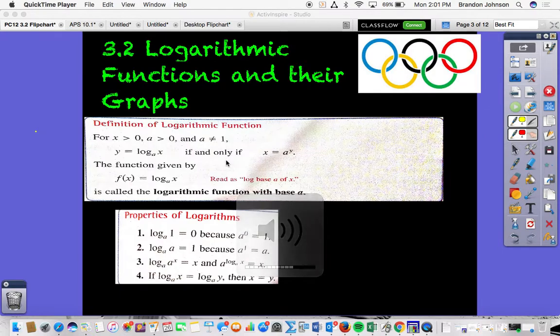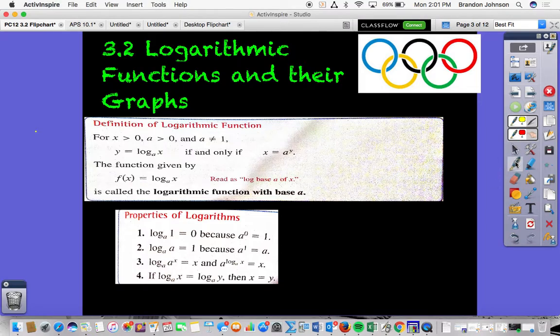First thing we want to look at is, remember when we're talking about a log, we have y equals log base a of x. And we remember that in this context we can actually simplify this by changing it to exponential form.